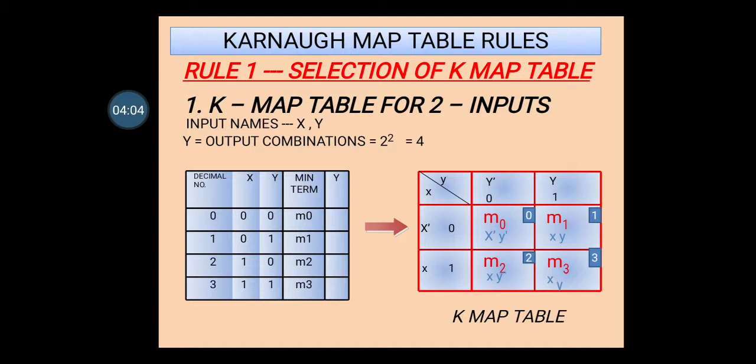A table is formed, and you can see for input y there are 2 combinations: it can be 0, it can be 1. And for input x there are 2 combinations: it can be 0, it can be 1. That is shown in the columns. Then to form the table, there is your K-map table. In this K-map table, on the side I have written the cell numbers also.